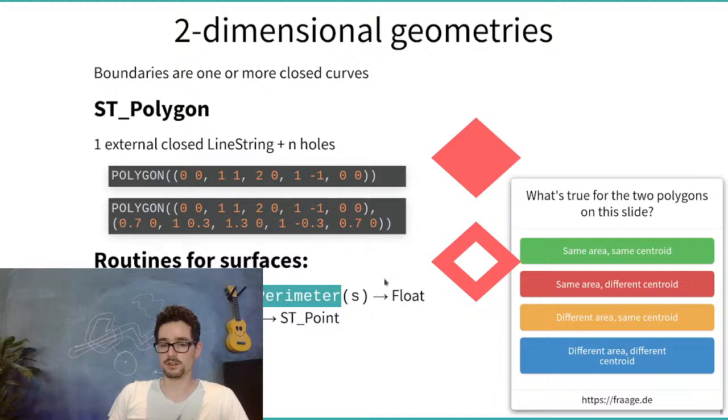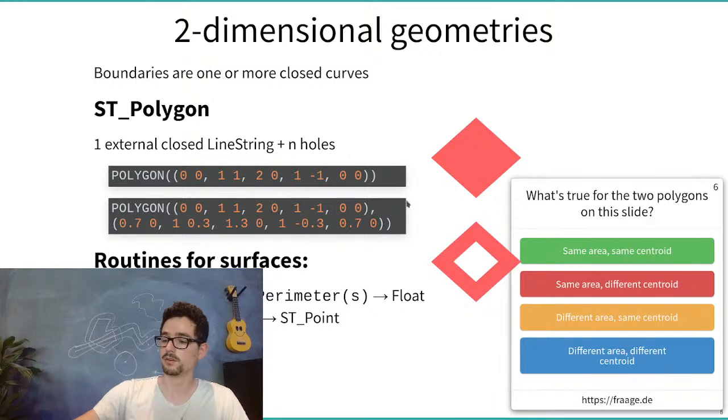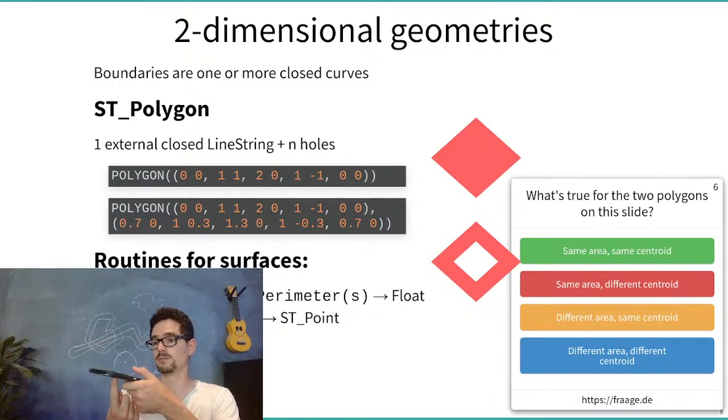The perimeter, so basically the length of the line string of the outer border, and the centroid gives you a point where you can balance the polygon. So where is the centroid, the middle of the polygon? What's true for these two polygons? Same area, same centroid, same area, different centroid, different area, same centroid, and different area, different centroid.